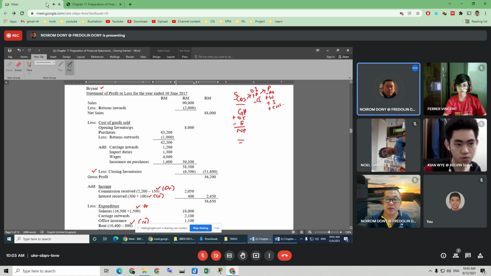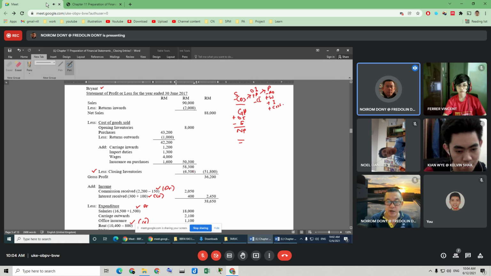So meaning you need to less, sales less cost of goods sold, cost of sales. So minus 51,800. So the sub column, column 1, column 2, this is where you need to use it to do the adjustment so that you don't mix up.